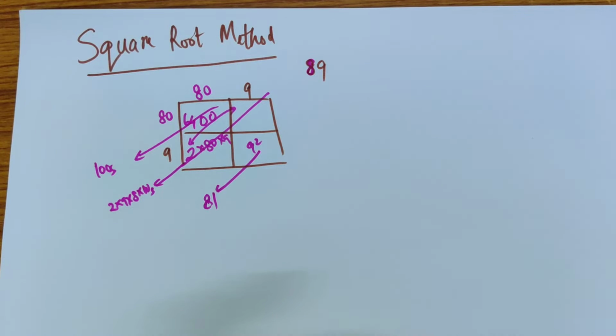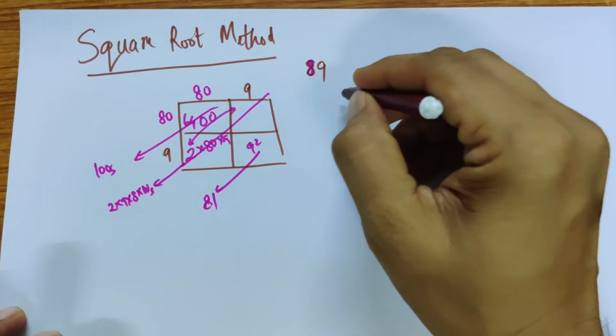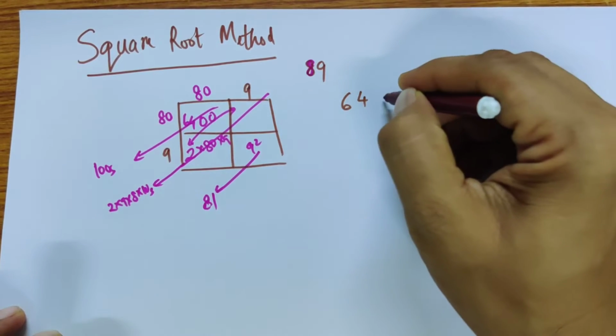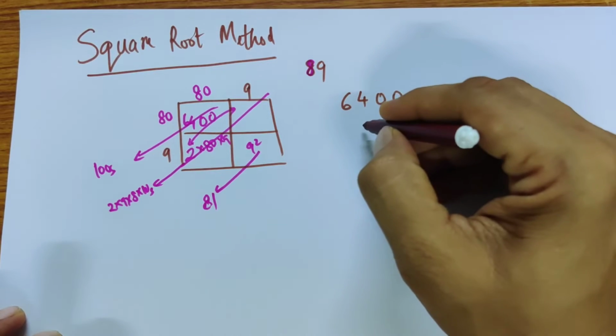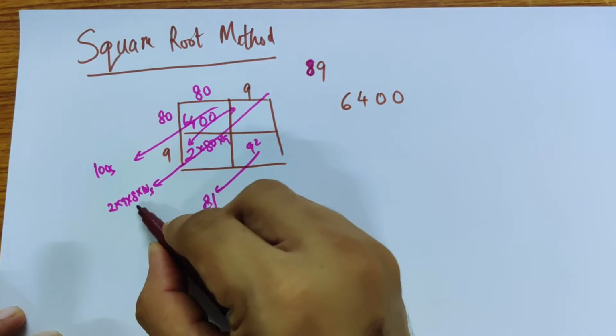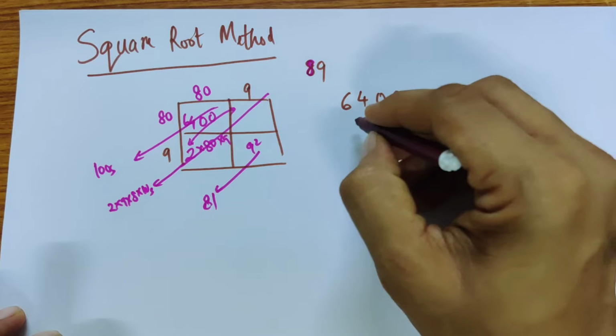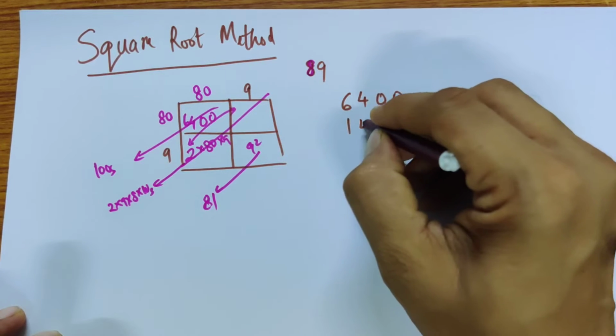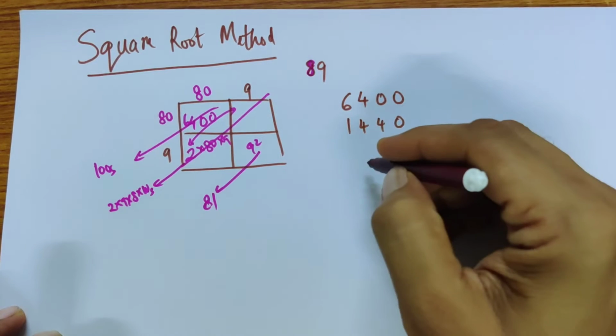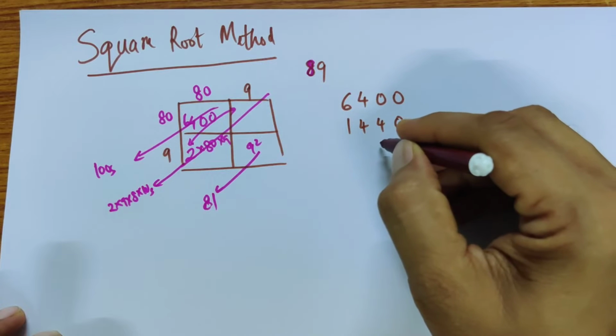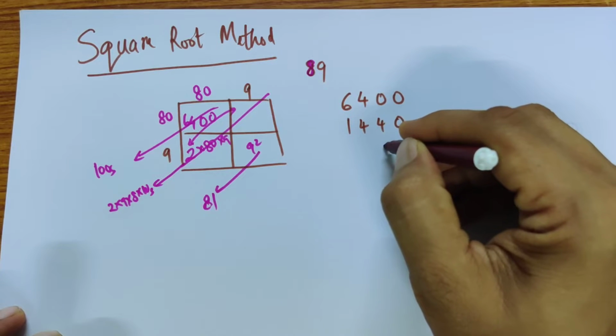So if we calculate this, then you'll get 64 hundreds, and then you will get 8 9s is 72, 72 double, 144 tens, and then of course you have 81.